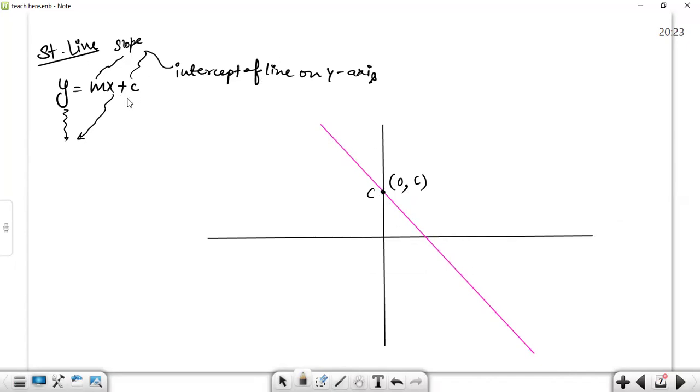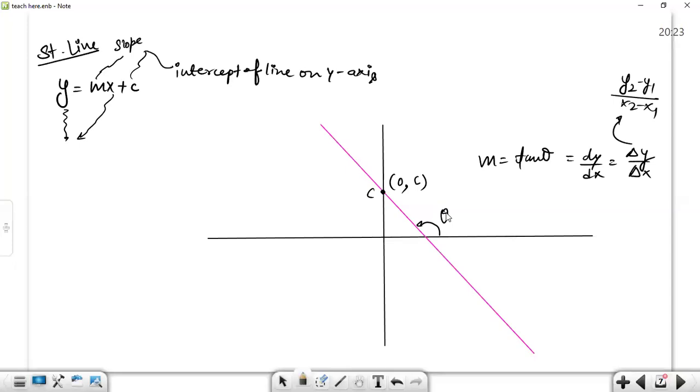And the slope, if this angle is theta, the slope of this is tan of theta. But we can also derivate the function, dy by dx is also the slope. And we can also find the slope of the straight line by using del y upon del x, that is basically change in y over change in x.